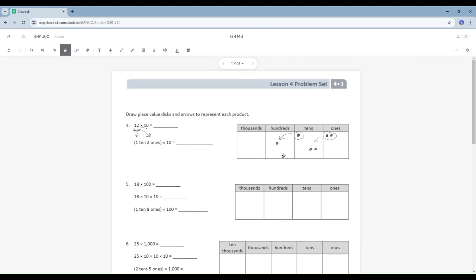So now I'm left with 1 hundred, 2 tens, and 0 ones to make 120. And 1 ten times 2 ones is equal to 120. Or I can think of 120 as the fact that there are 12 tens.